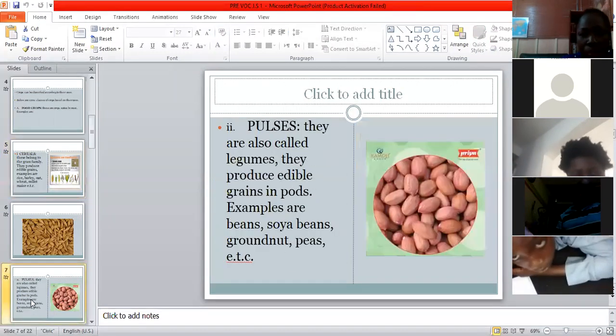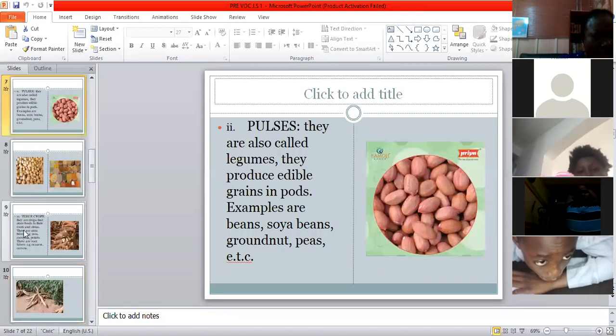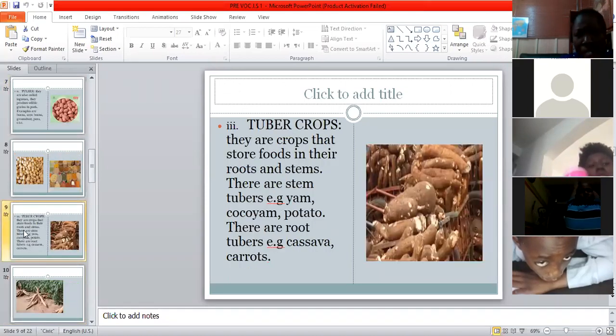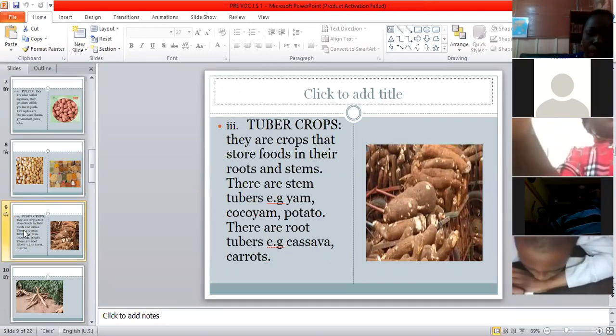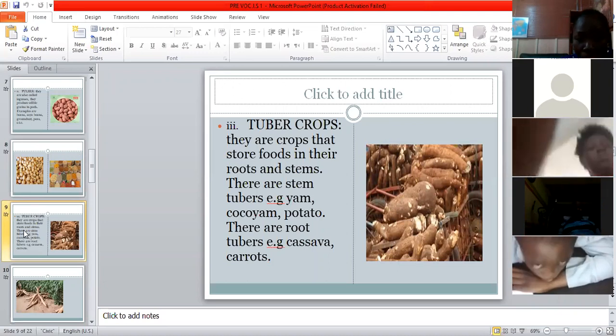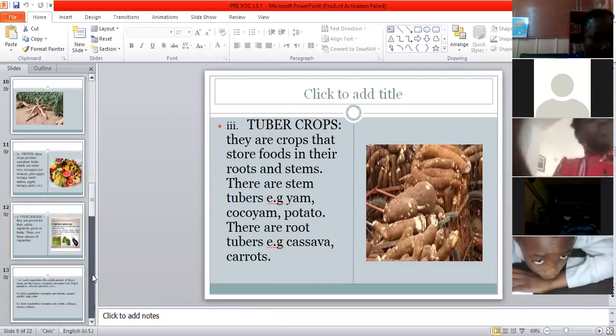After that, we have the legumes or the pulses, which produce edible grains in pods before they are being separated for our consumption. Then after pulses, we have the tuber crops. Under tuber crops, we have the stem tubers, we have the root tubers. Examples of stem tubers are yam, cocoyam, and potato. The examples of root tubers are cassava and carrot.